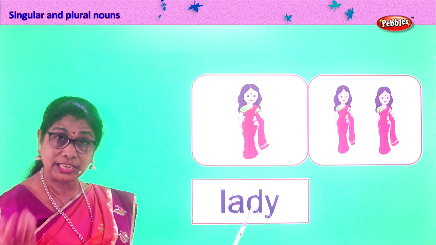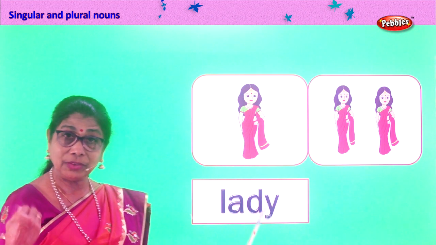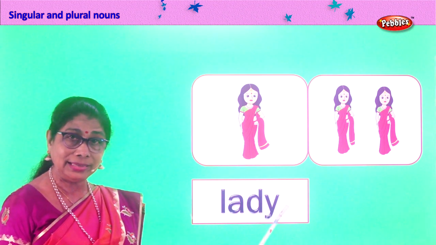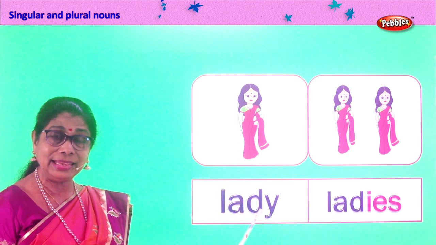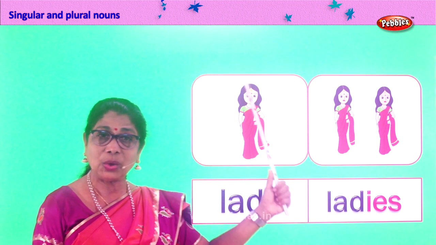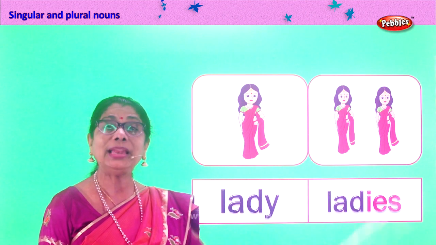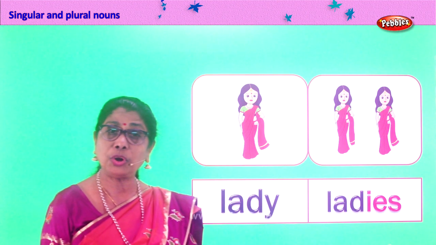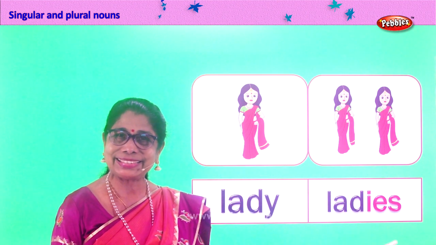That is singular form. 1 lady. Now if we have more than 1, we change Y, add IES. LADIES. 1 lady, 2 ladies. Singular form lady, plural form ladies.